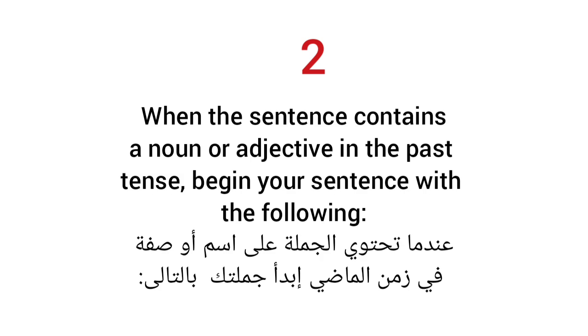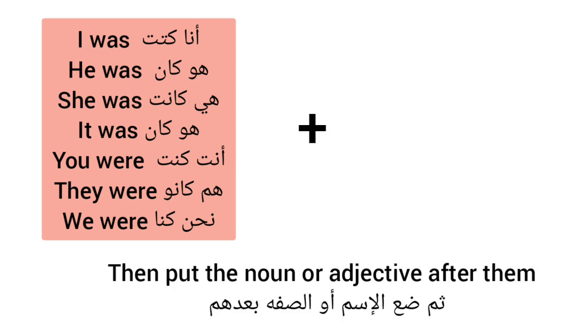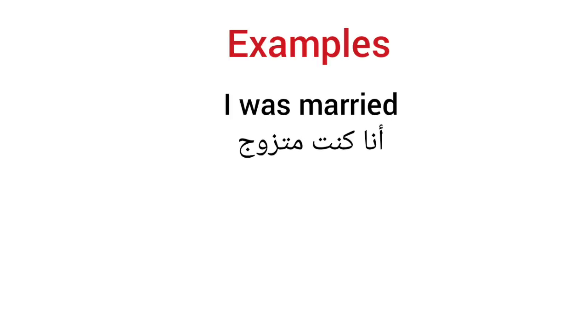When the sentence contains a noun or adjective in the past tense, begin your sentence with the following. Then put the noun or adjective after them. I was married.